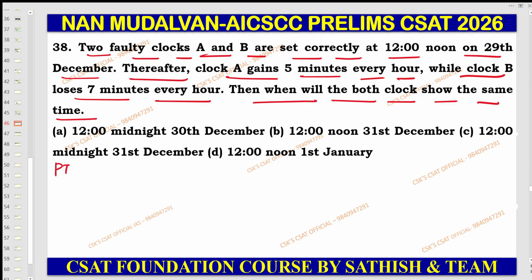Before that, you please take one point to remember. For a 12 hour clock to show the same time, you have to say to show the same time, that is better, instead of correct time.